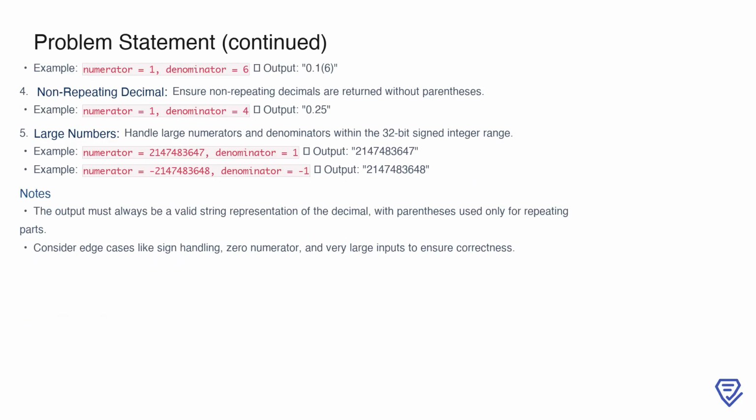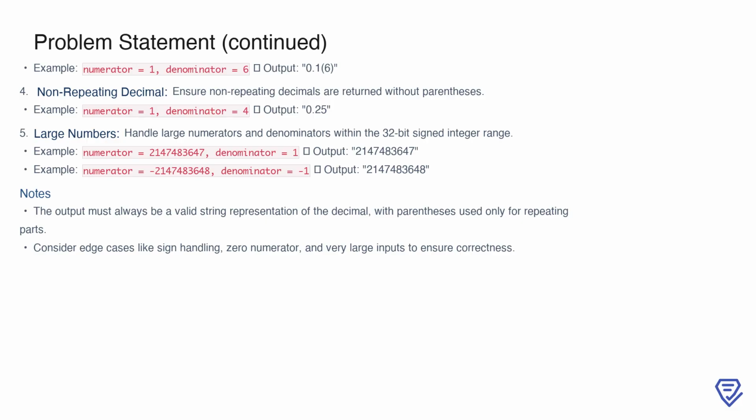There are a few more cases to handle. For repeating decimals, such as 1 over 6, which equals 0.1666, we enclose the repeating part, resulting in 0.1(6). For non-repeating decimals, like 1 over 4, which equals 0.25, we simply return the result as is, without parentheses. Finally, it's crucial to handle large numbers within the 32-bit range.